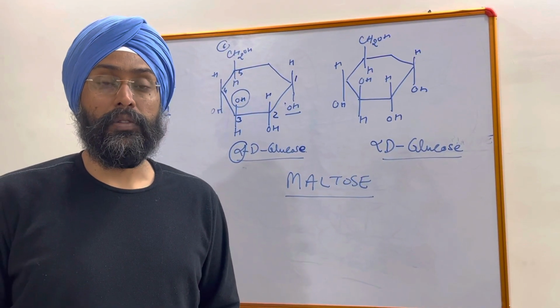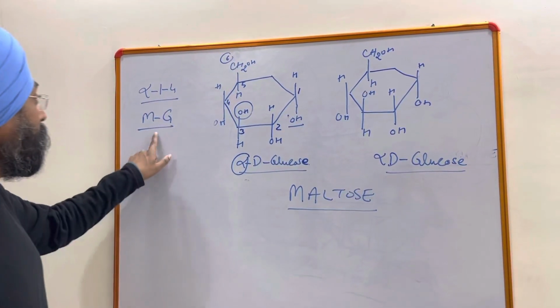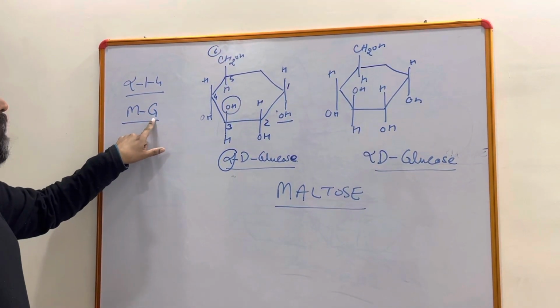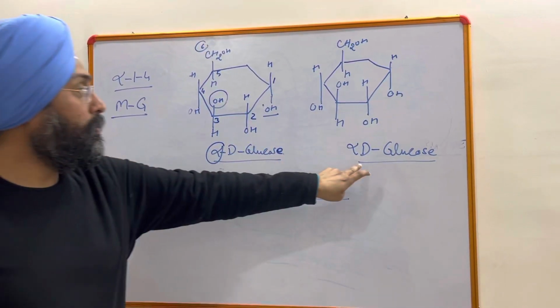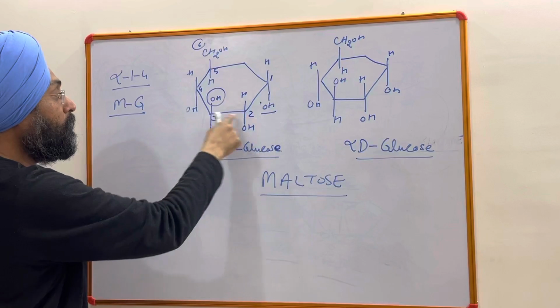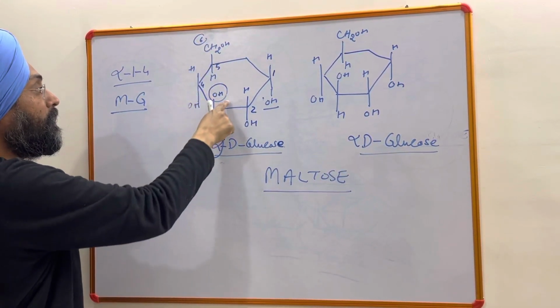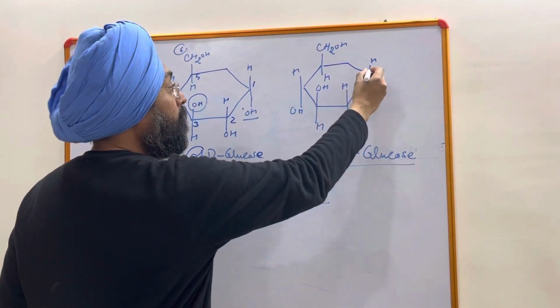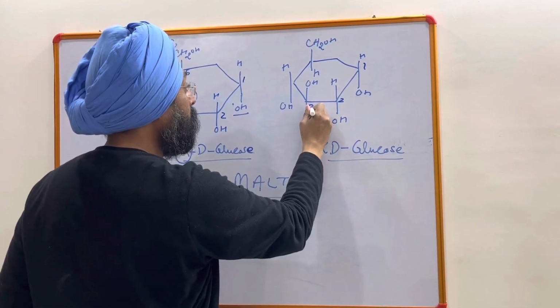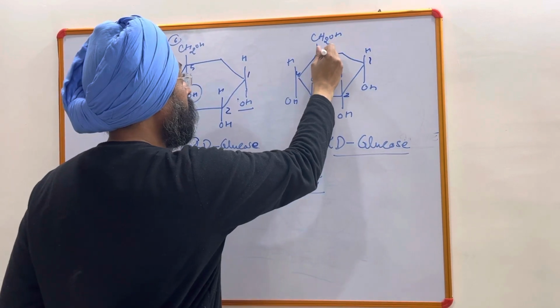Now the structure of maltose. The code is Mg. The maltose consists of two glucose molecules. Bond is alpha 1,4. So this is one glucose, this is another glucose. 1, 2, 3, 4, 5, and 6. Third carbon OH is upside, so it is glucose. Similar way, 1, 2, 3, 4, 5, and 6.